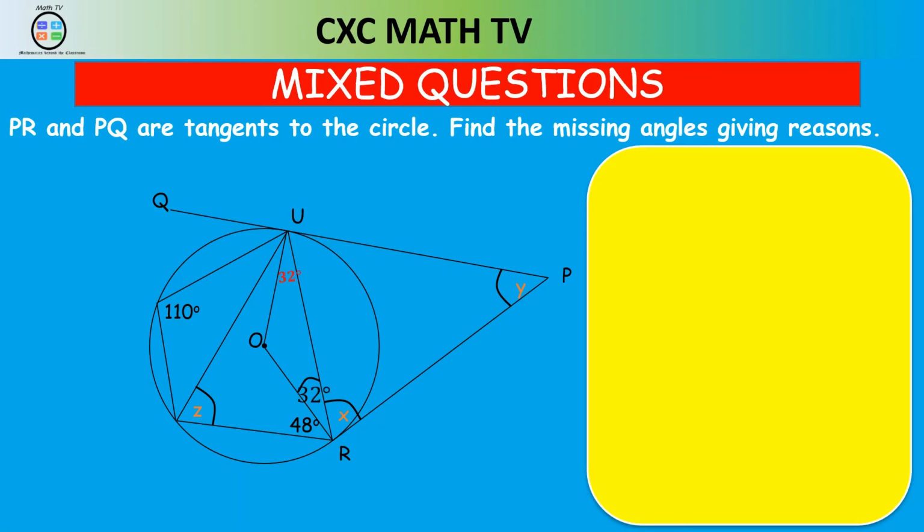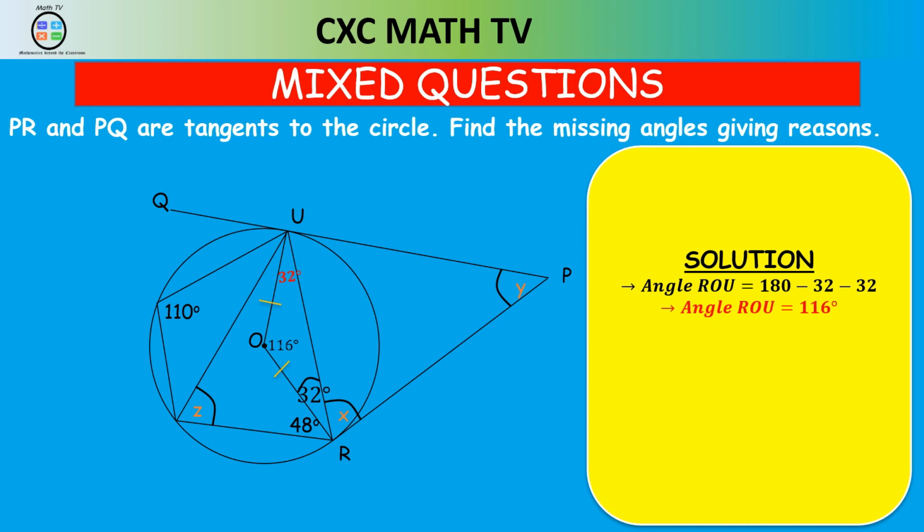Once we get W, then that allows us to get the angle at U. So the angle at U that we put on the diagram in red is also 32, because it's going to be an isosceles triangle. And so since the angle at U is 32 degrees, we can find the angle at O. So the angle at O is going to be 180 minus 64, which is 116 degrees.